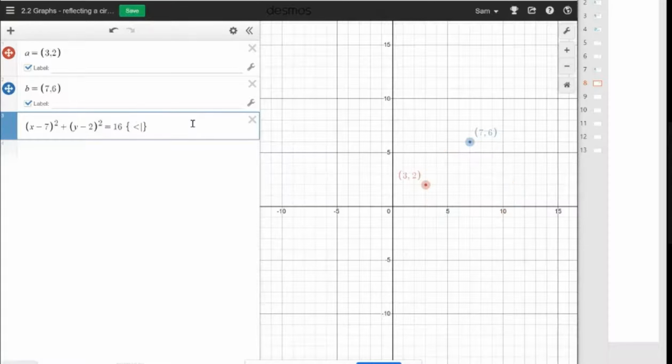I always write less than or equal to x less than or equal to. I want x to be greater than 3 and less than 7. Here I need to also put in my range. I only want y to be greater than or equal to 2. Right, and that is done.